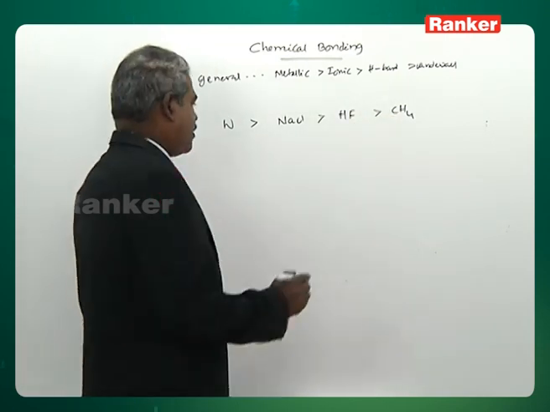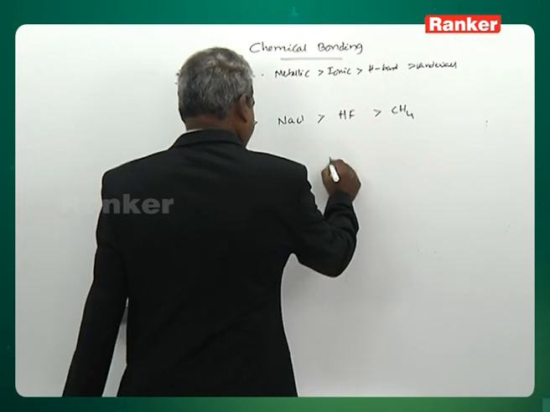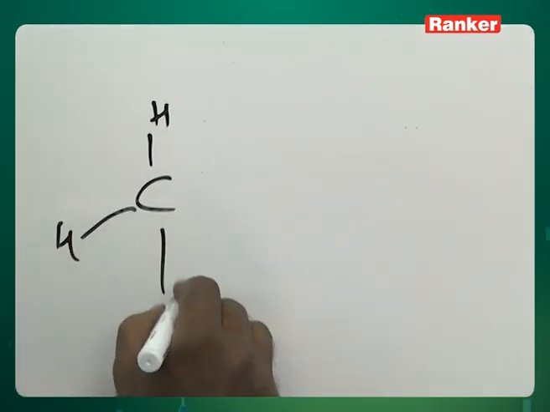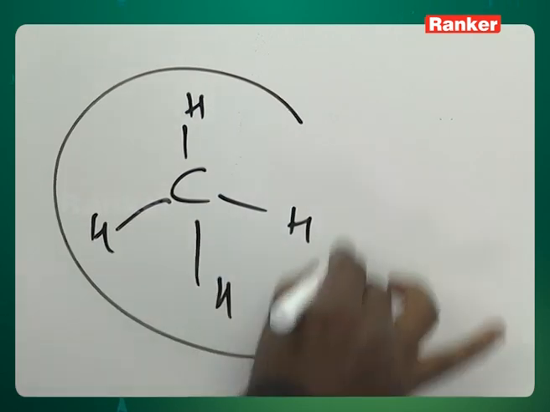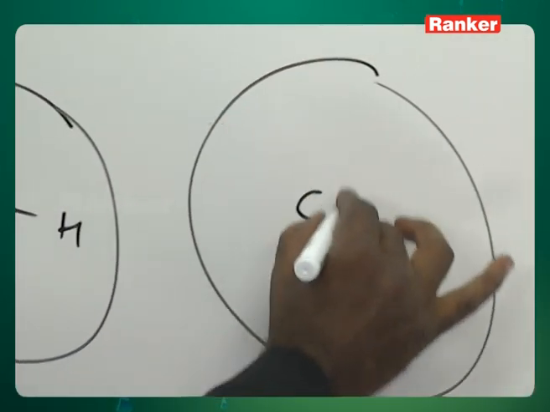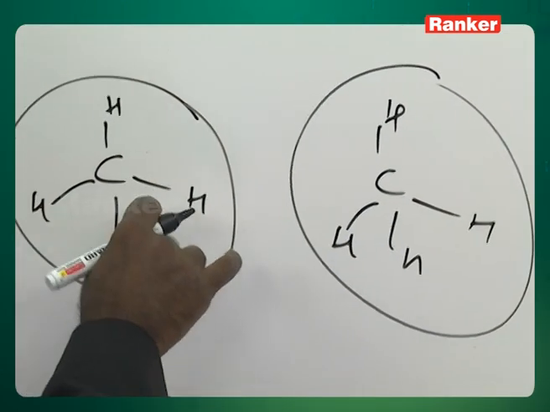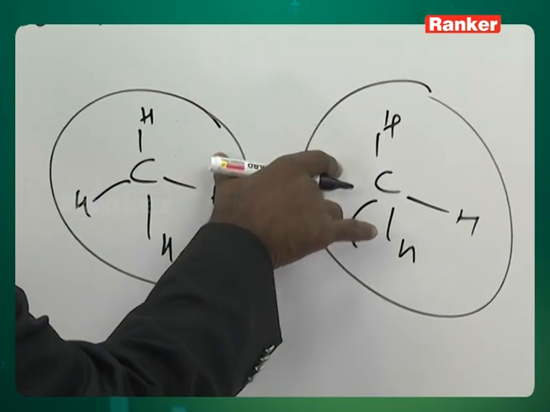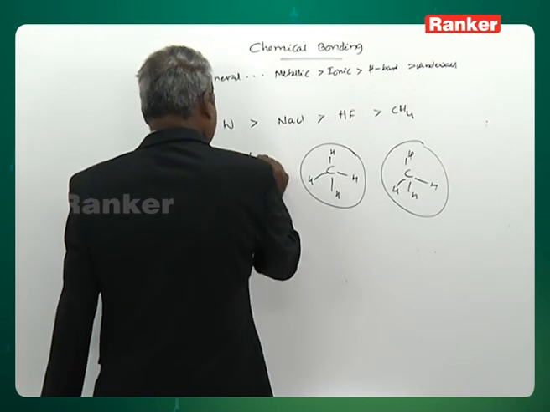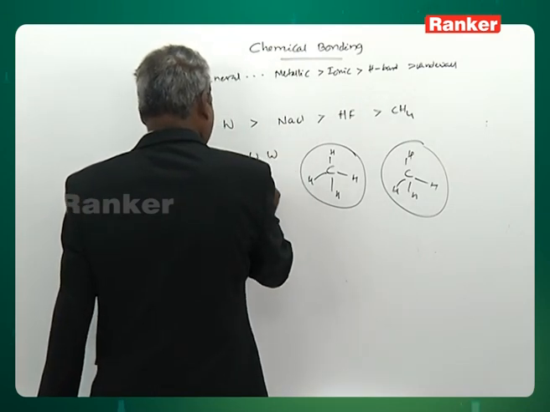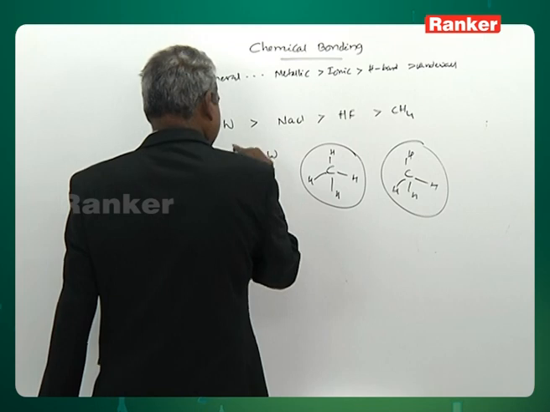In methane, between two molecules of methane, what force exists? A methane and another methane, what is the force existing here? If they are tungsten atoms, the attraction will be metallic. Between NaCl and NaCl, it is ionic.